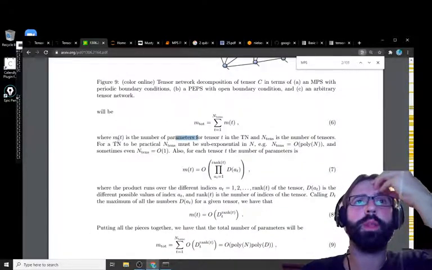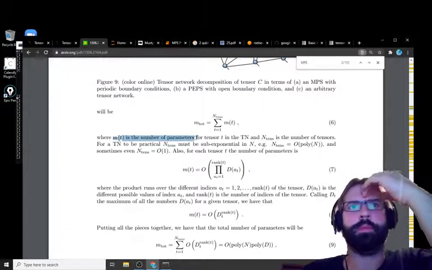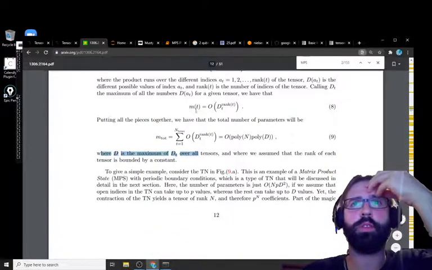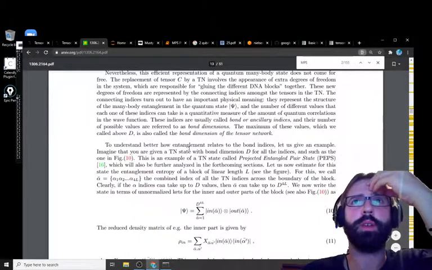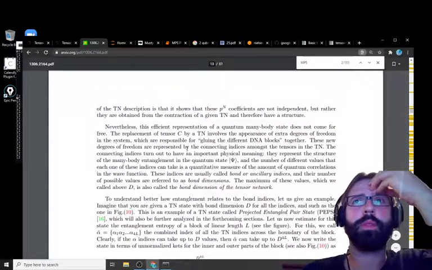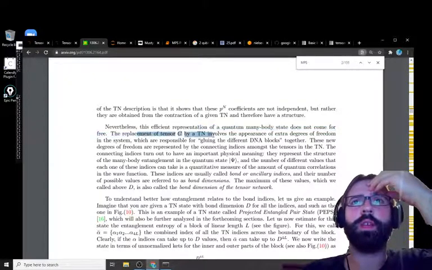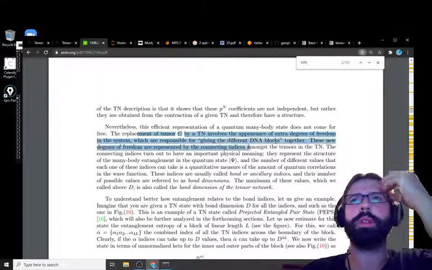Figure 9 will be an empty is the number of parameters for the tensor. This is just talking about the parameters. I don't really care right now. I just want to have the replacement of tensor C by a T involves the appearance of extra degrees of freedom in the system, which are responsible for gluing the different DNA blocks together.